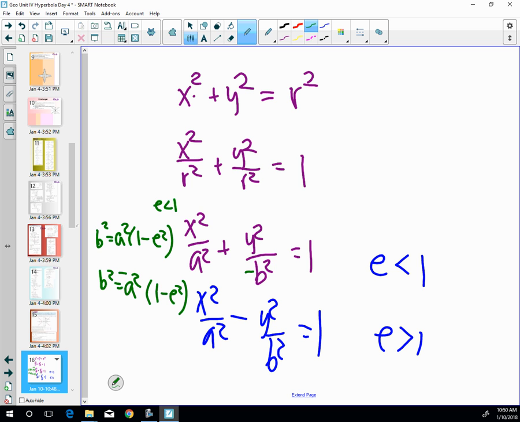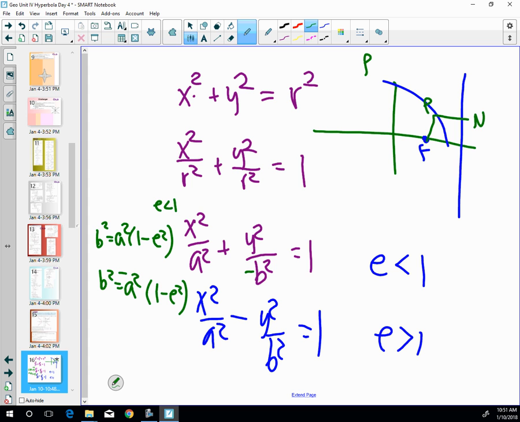So one more time, if you're looking at a directrix and you have a focal point here, and you take the distance, we did an ellipse before. This distance from here to there, we called this P and this N. PF over PN was your e.